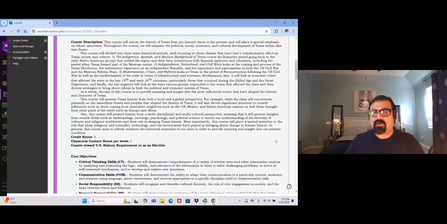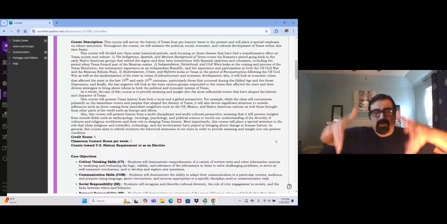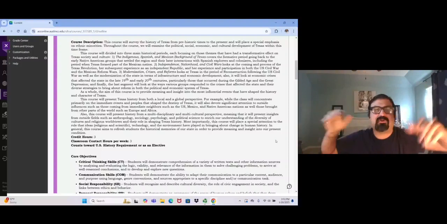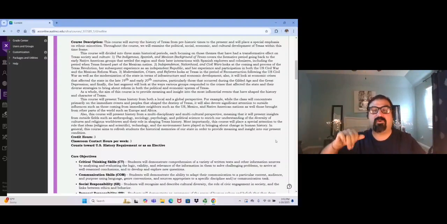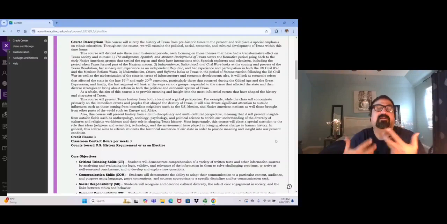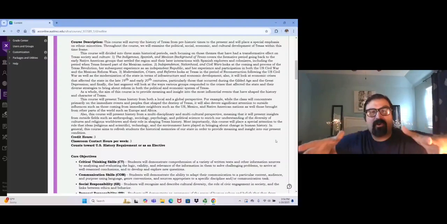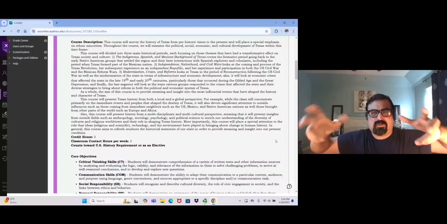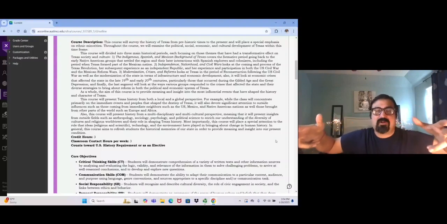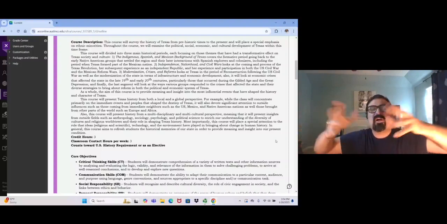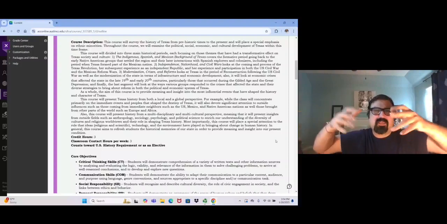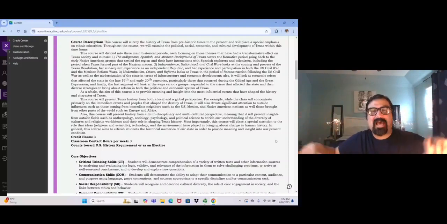We also look at the process of Reconstruction. By looking at Texas particularly, of course, there's a national understanding of what Reconstruction entailed, meaning that the North, the winning party of the Civil War, wanted to really reform and revamp the entire Southern economy and Southern social and cultural structure, dismantling the slaveocracy, the power of the slave owners and the planter class, and trying to free the slaves and grant them civil rights and the like.